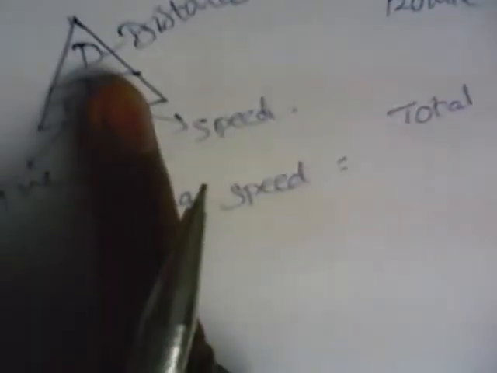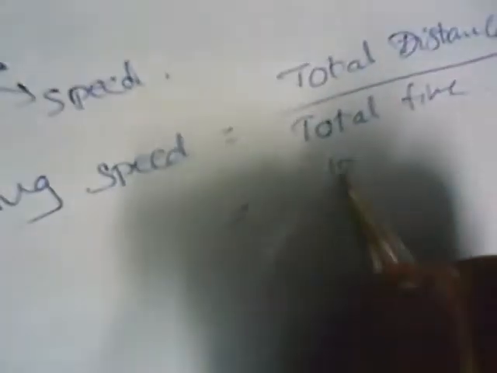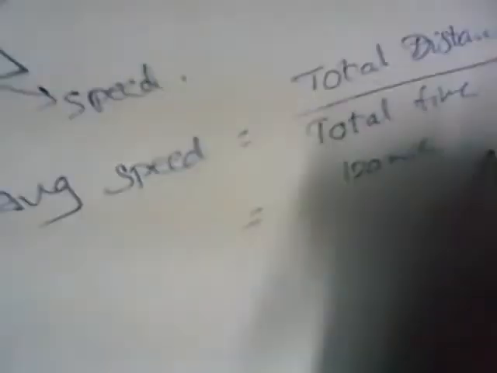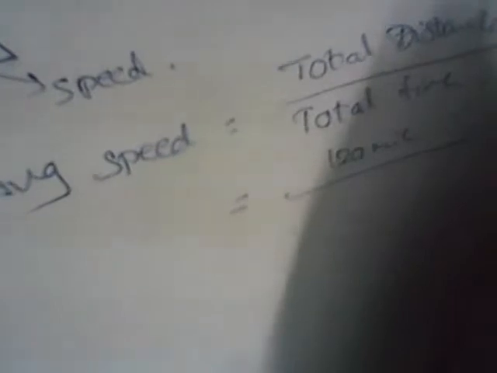So now we need to find out the average speed. Average speed is equal to total distance by total time. Here total distance is 120 miles by total time.